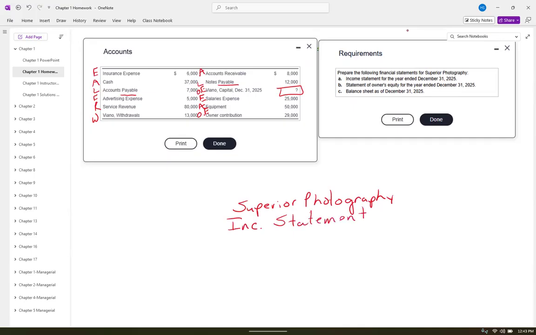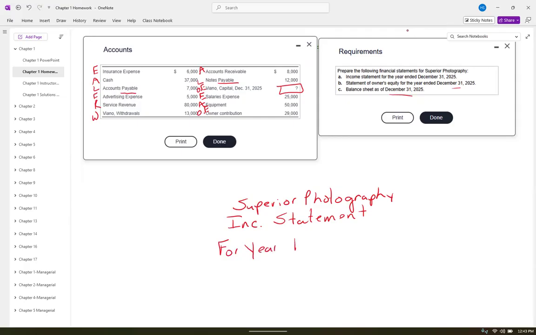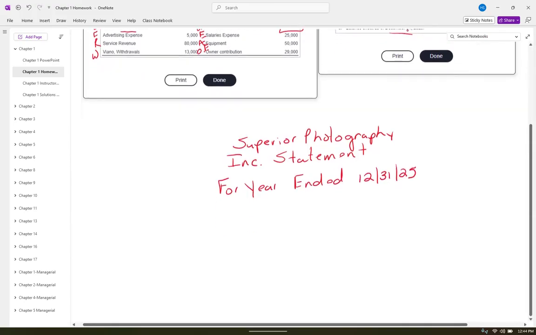And then we're going to date it for the period ended. They told us this December 31st, and I believe it's for the year. For the year ended December 31, 25.